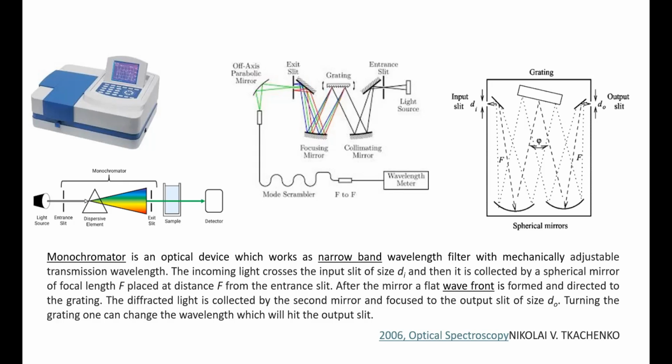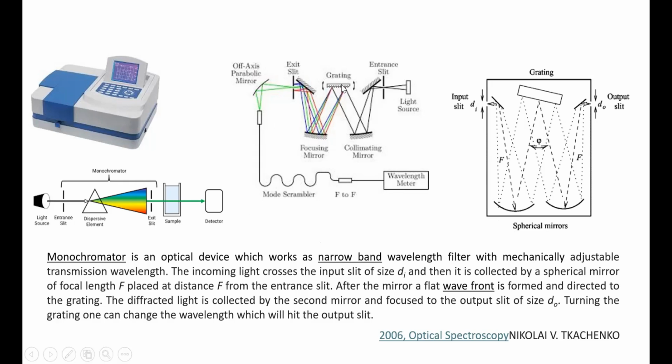So the incoming light enters through the entrance slit, which is called DI, and is then collected by spherical mirrors of focal length f placed at a distance f from each other and from the entrance slit, and after the mirror a flat wavefront is formed and directed to the gratings.